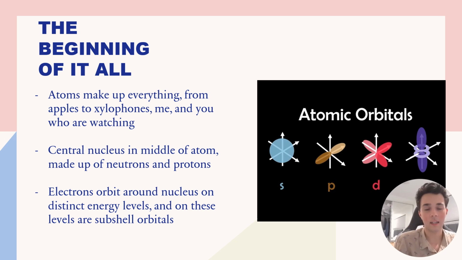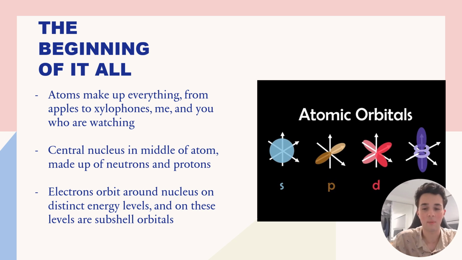And then in the central nucleus of the atom, there are neutrons and protons. Neutrons are tiny little particles, and they have no charge. Protons are also really small, but they do have a mass.